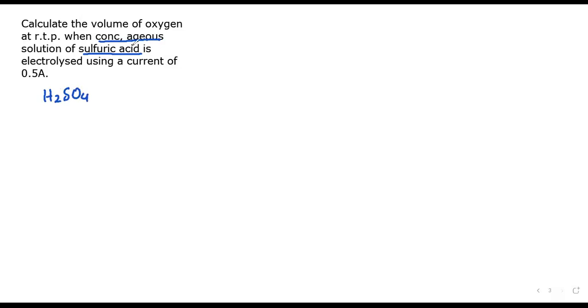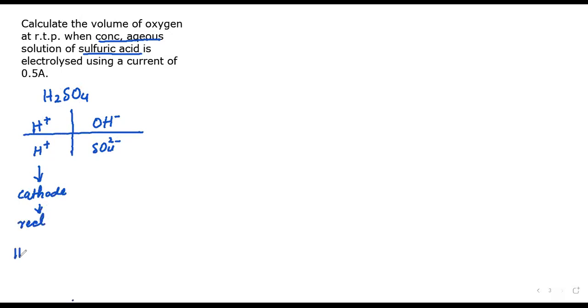Since this is an aqueous solution, it will have hydrogen ions and hydroxide ions from the water, the aqueous component, and then of course hydrogen ions and the sulfate ions. So between these two hydrogen ions, we don't have much of a choice. The only ion that will go to the cathode is the hydrogen ion. Over there, it will get reduced, and this will be the equation.